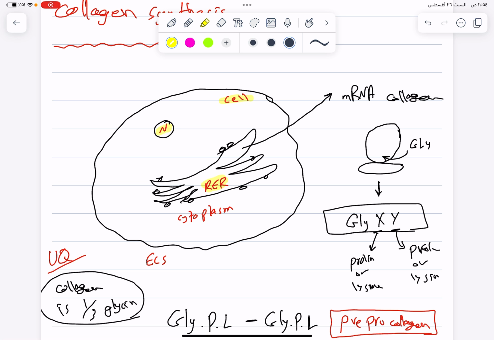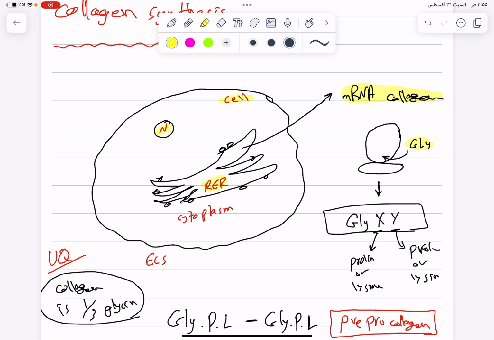So in the rough endoplasmic reticulum, the collagen mRNA will form a collagen peptide, as a general rule for protein synthesis. We have mRNA, and we take the glycine peptide and add it to either proline or lysine.